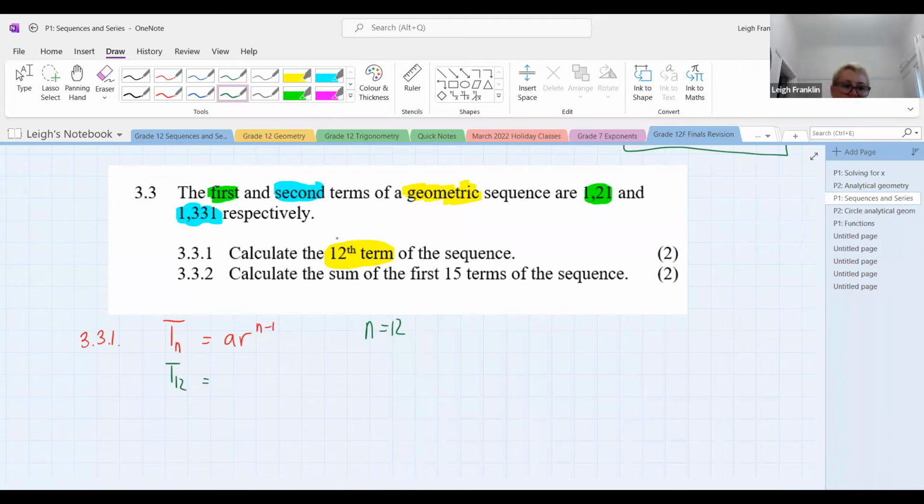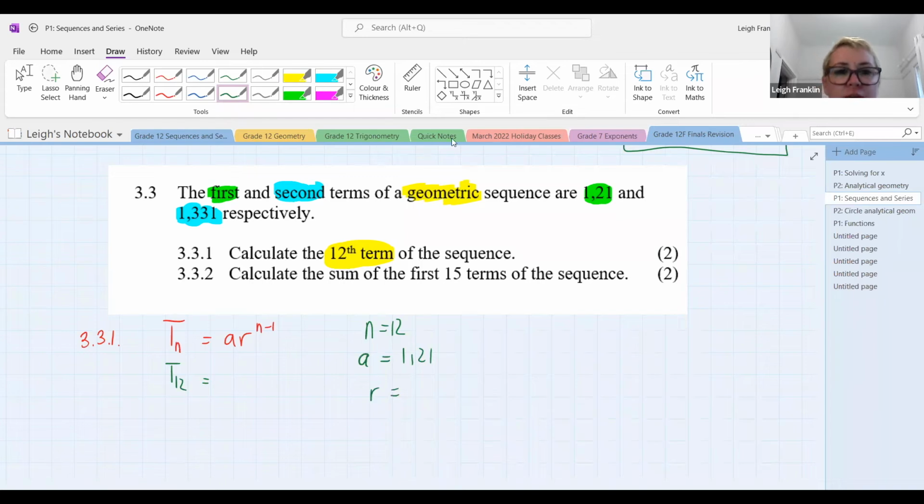So if we want to calculate term 12, it means we need A and we need R. All right, what is the value of A in this case? Quite right. So A is the first term of the pattern. So it's 121.